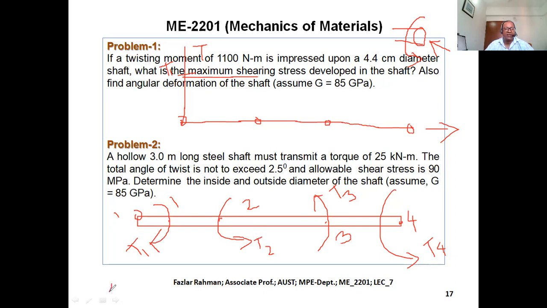Say T1 is 500 and T2 is 200. Right over here you are still 500, but this one is anti-clockwise, so minus 200. So 500 minus 200 will be 300. So you say over here 500, then come to the right until you came over here, still 300.